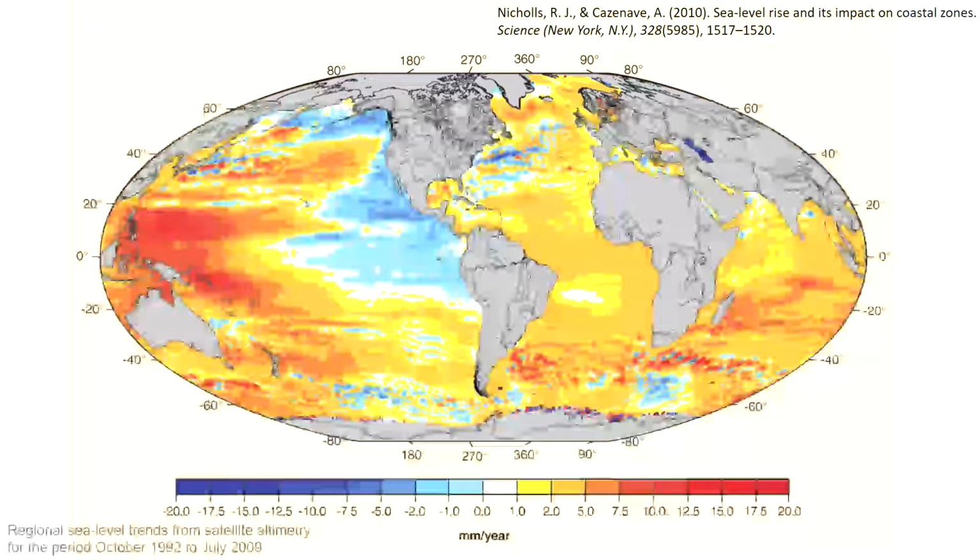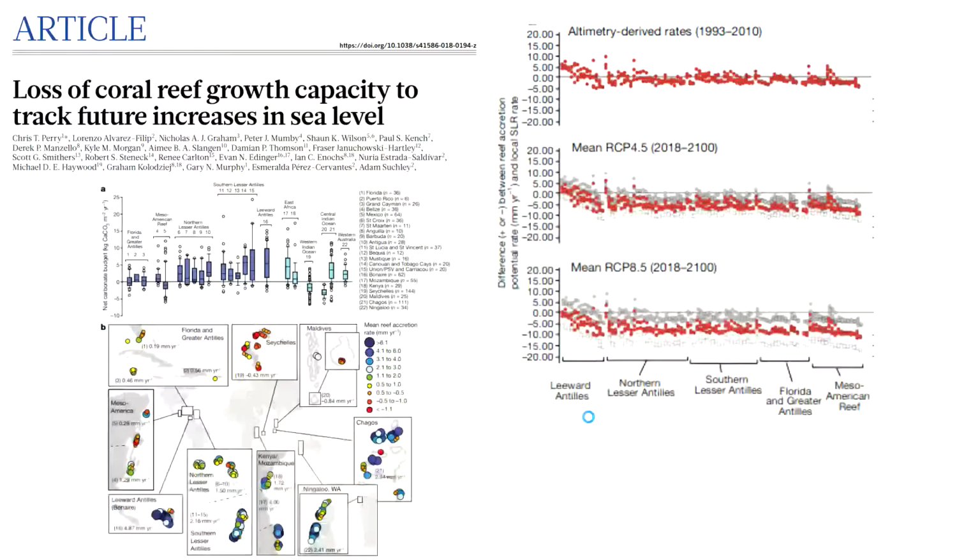But actually, on a longer time scale, decades to maybe hundreds of years, the ability of coral reefs to keep up with sea level rise is not infinite. So this is a study that came out a couple of years ago, measuring or estimating the ability of coral reefs to accumulate vertically through coral growth.